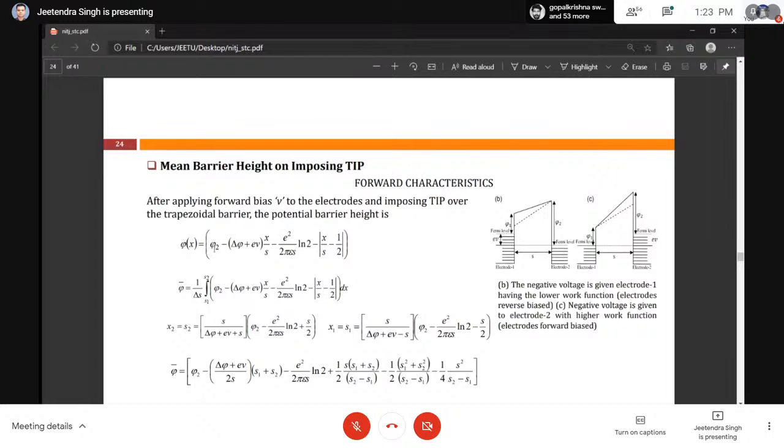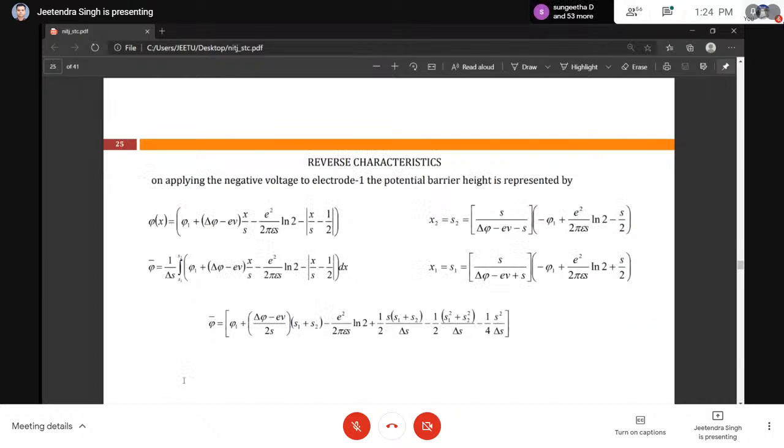So for the forward bias characteristics, we work with this metal electrode, phi 2, where this is the applied voltage and this is the barrier height difference. The triangular image force is also applied here, and then we calculate the values of S1 and S2, and finally we determine the mean barrier height.